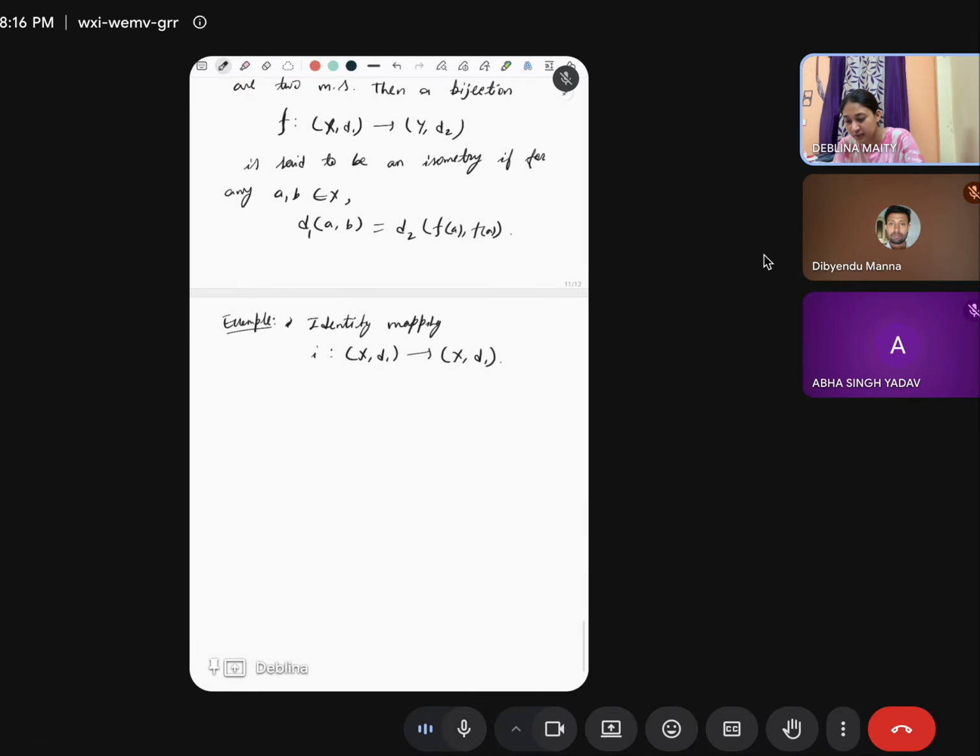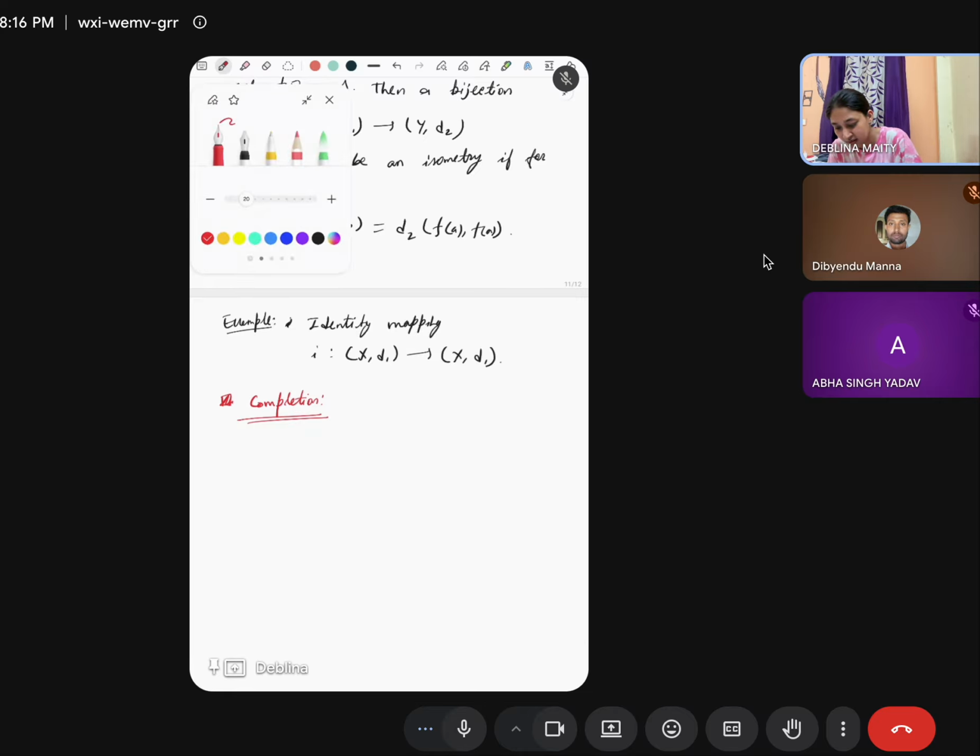Okay, now I'll give the definition of completion. Let (X,d) be a metric space.